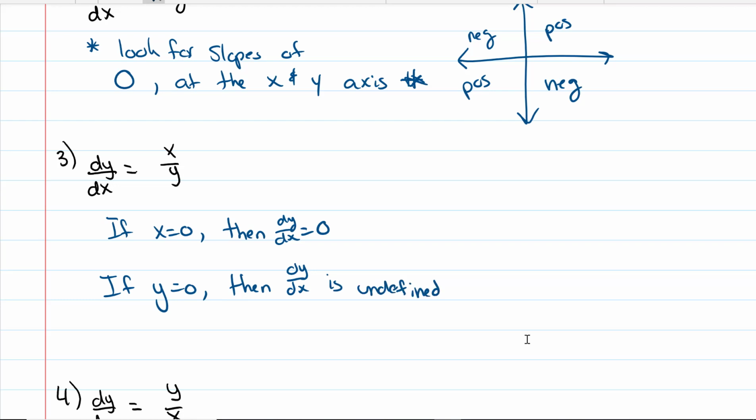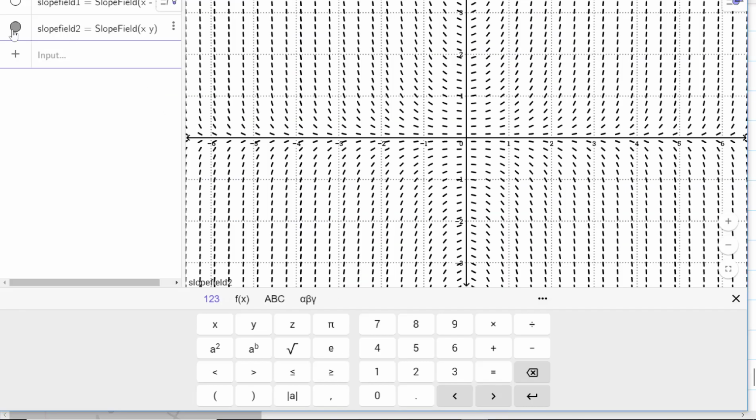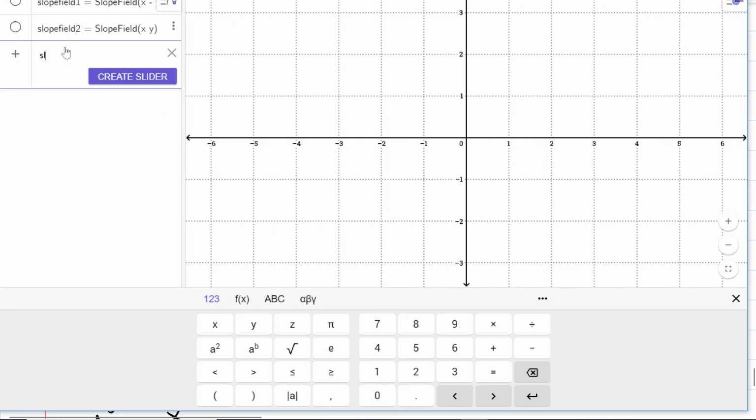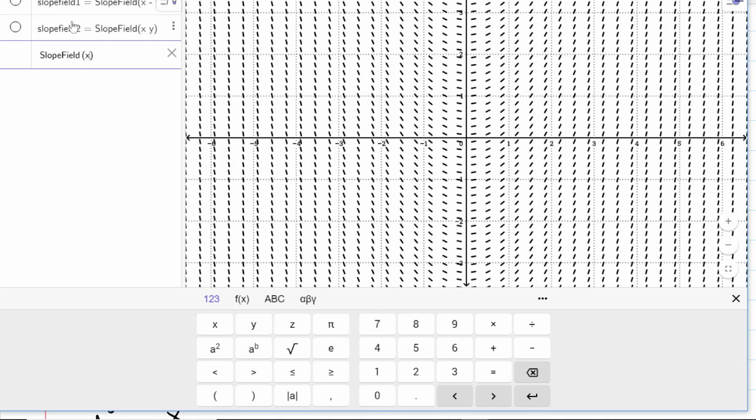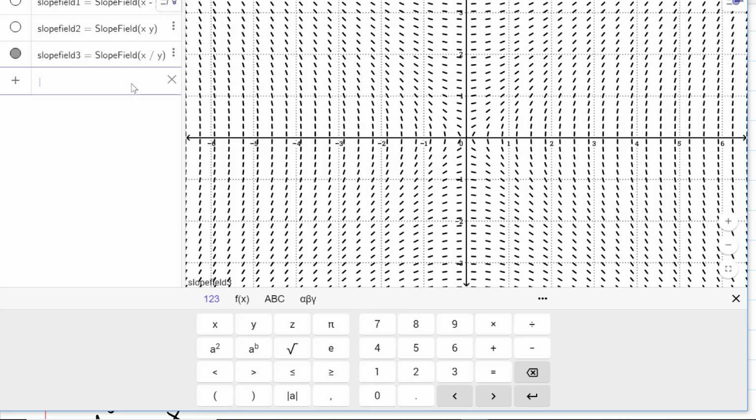Well, if that's the case, this is going to be a straight up and down line. This is going to be a sideways line. So let's see what that graph actually looks like. So I'm going to type in a slope field of x over y. And you can see along the y-axis, you get that the slopes are 0. And along the x-axis, the slopes are going to be undefined.